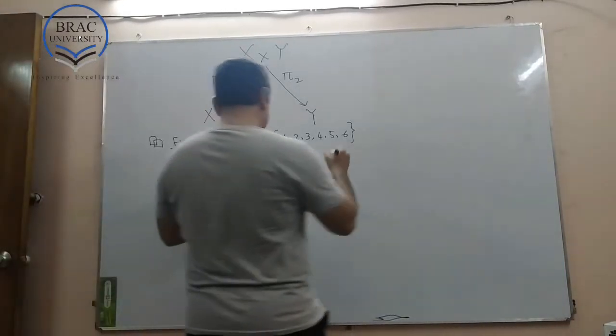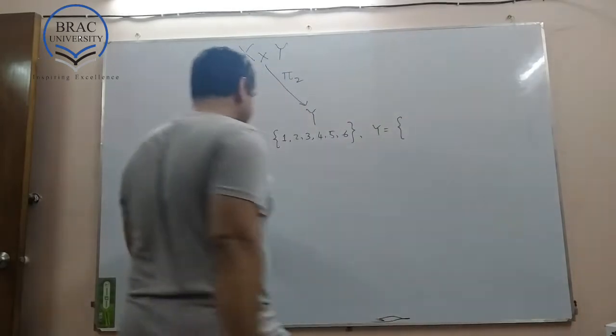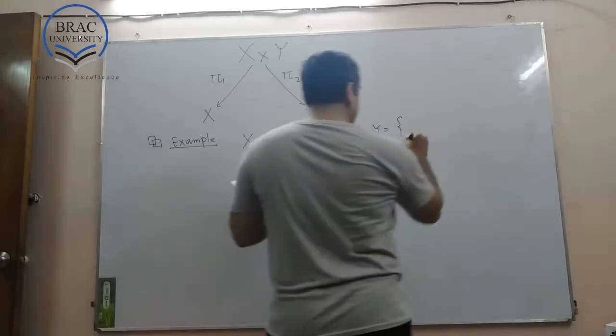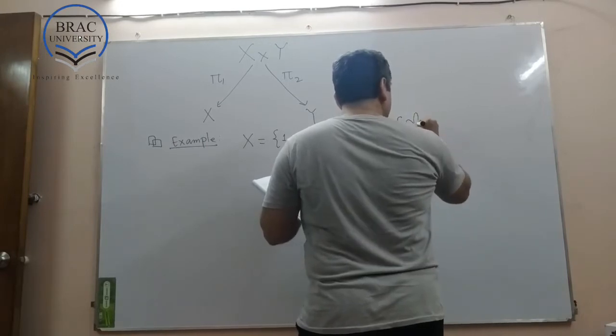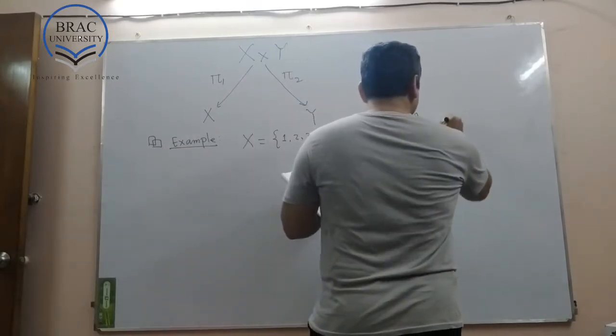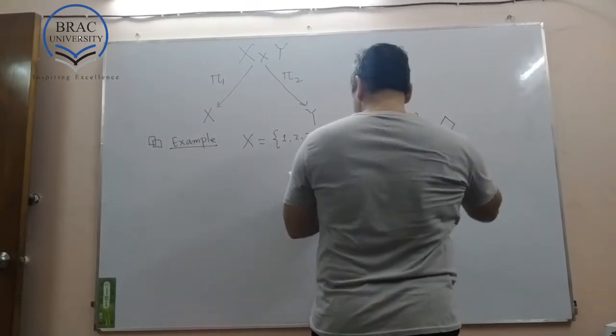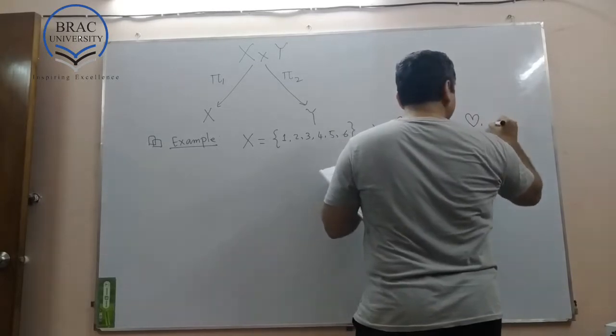And Y is a 4-element set. The elements are club, diamond, hearts, and spades.